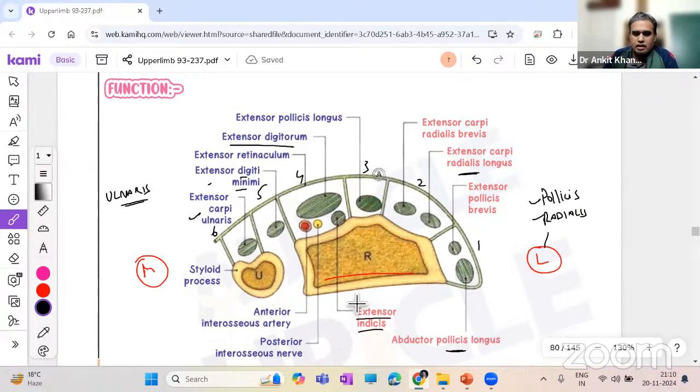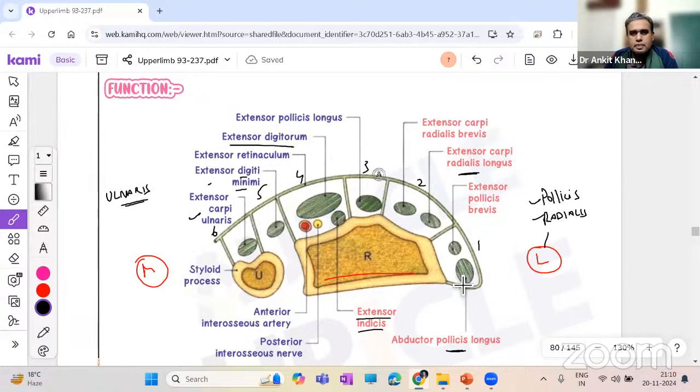Now I didn't mention even one complete muscle name, but I just said that compartments on the lateral side, numbering 1, 2, 3, will have muscles going to the thumb or the radialis. Compartments towards the ulnar side, the 5th and 6th compartments, will be towards the ulnaris side or the little finger name. And in between you will have the digital ones.